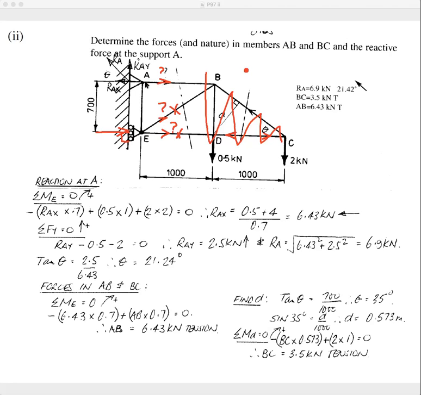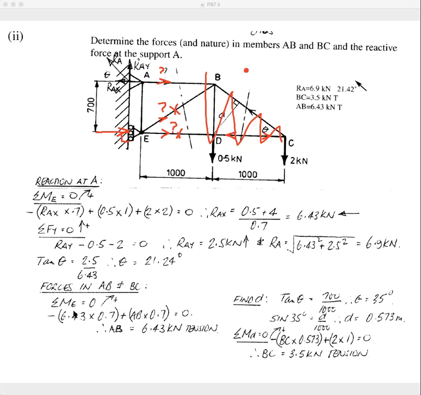And so we take moments. So it's 6.43, we've worked out that it is 6.43, there it is there. So that force multiplied by that distance equals that force multiplied by that distance.